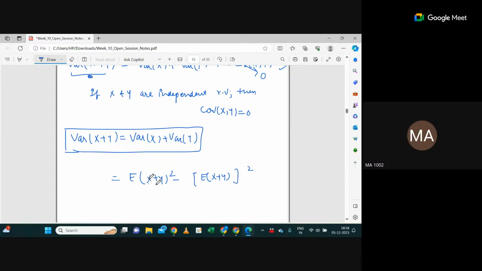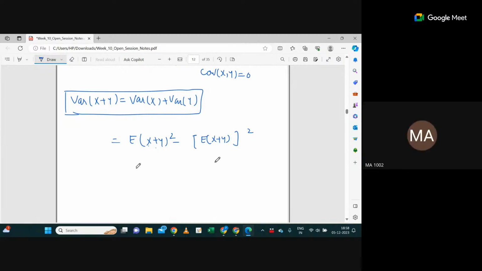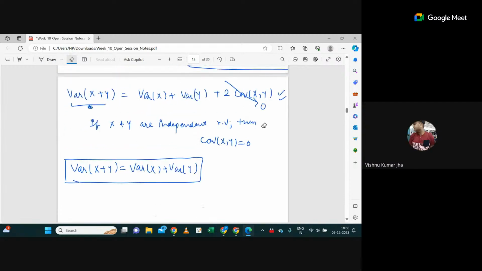If you expand, you get x square plus y square plus 2xy, and then you will get the covariance. I'm not going into that depth, I will just give you the idea. From there you can derive the above equation.